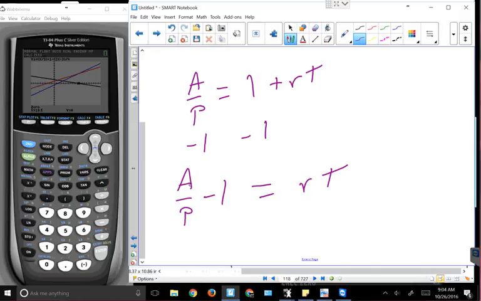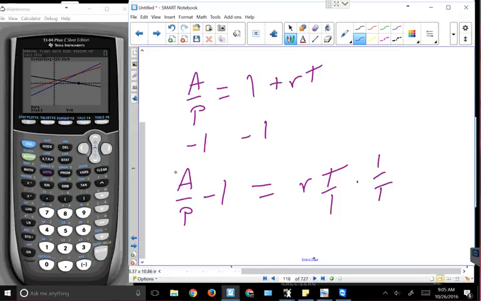I got a over p here as a fraction. So now we should really treat this in terms of a fraction. Okay? So instead of dividing by t, what should I multiply by? 1 over t.